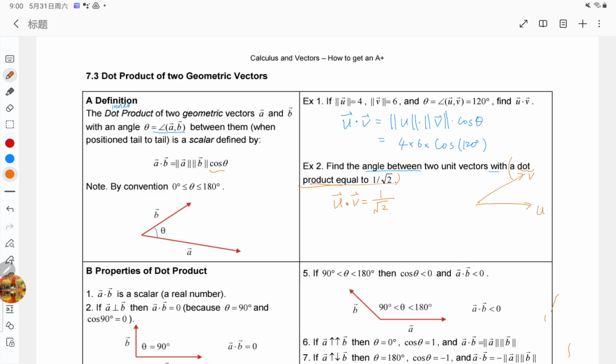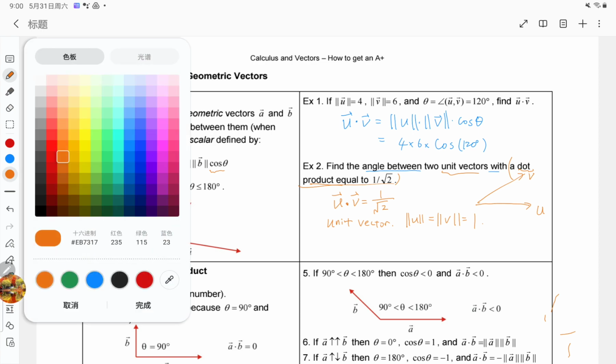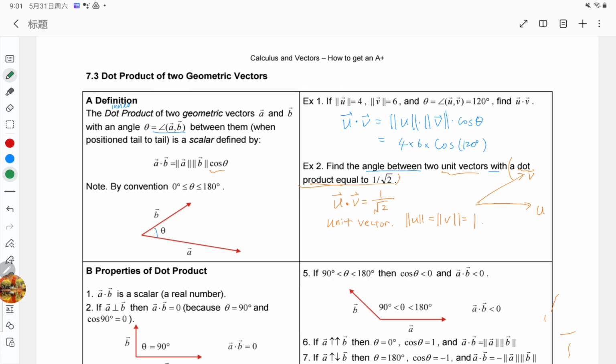And now it tells you it's a unit vector, right? Unit vector means exactly that the norm of u is equal to the norm of v is equal to 1, right? So now we can just calculate this. This is the formula we want to apply. Cosine theta, we still use the same formula, right?